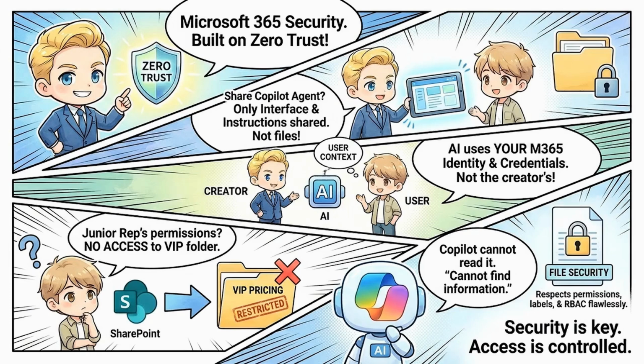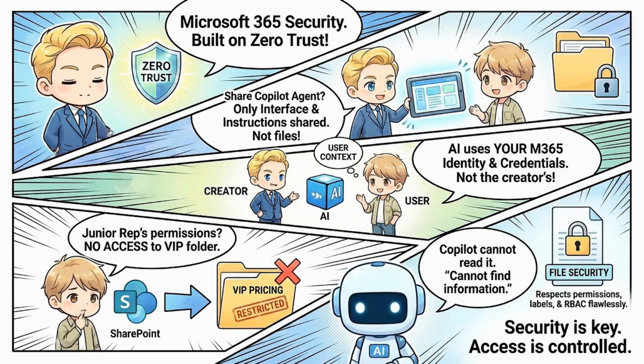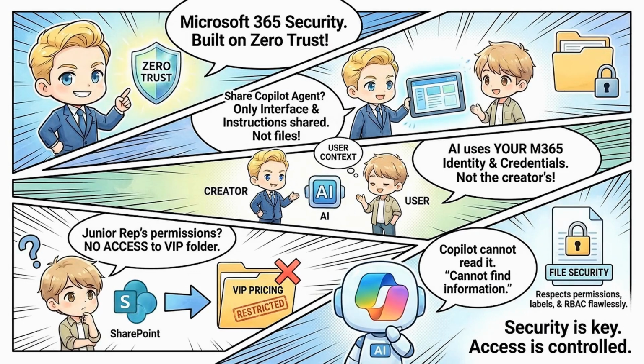When you share an agent, you're merely sharing access to its conversational interface and instructions, not granting access to the underlying grounding files. Copilot operates on user context execution, meaning the AI queries background data using the specific user's Microsoft 365 identity and credentials, not the creator's.